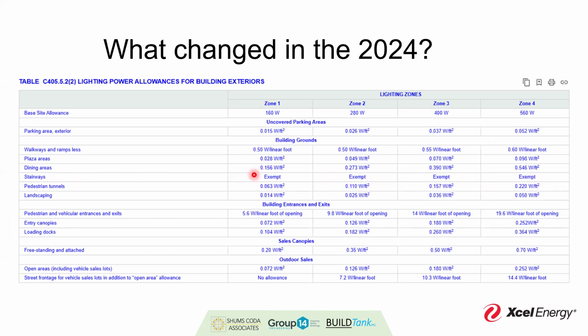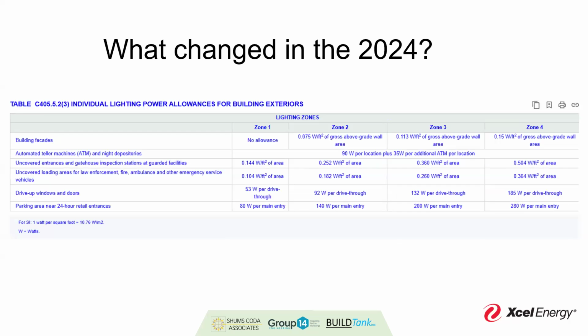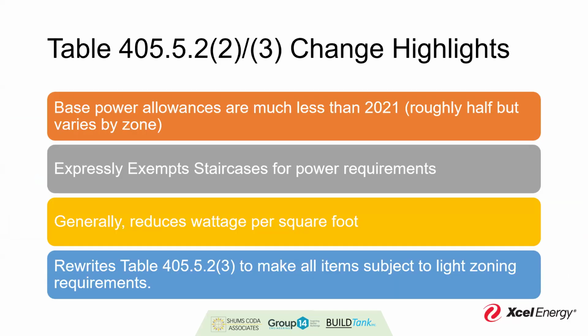I think that was part of the conversation that had been unfolding with the energy code for some time, where some of these requirements for exterior lighting or exterior power allowances were touching areas that building officials would identify very clearly as public safety, or means of egress illumination, those sorts of things. So there are definitely some components there that you want to take a look at.